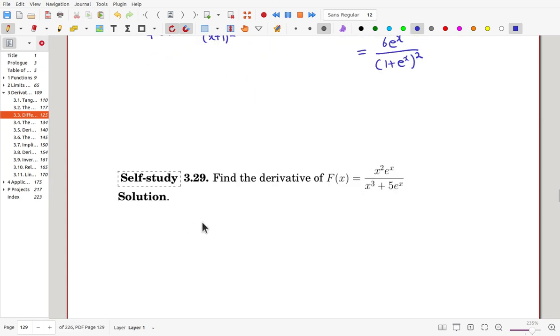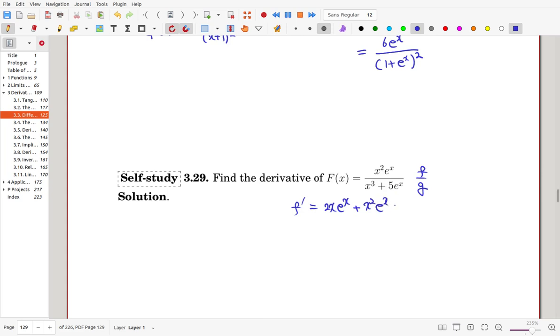Okay, now capital F of x is defined in this way. When you try to get the derivative, you need f prime, so you may start with f prime, the top derivative, that is 2x e to the x by using the product rule, plus x squared and e to the x.